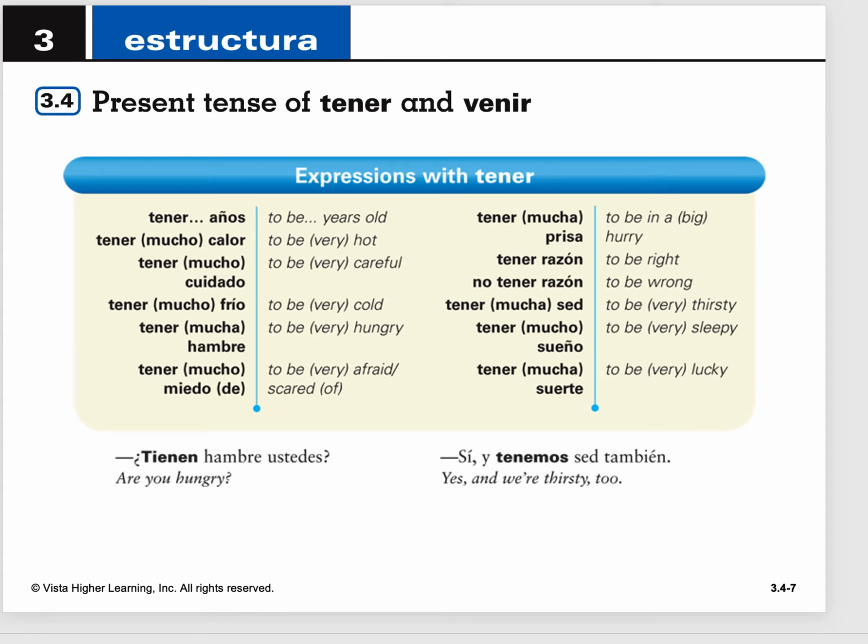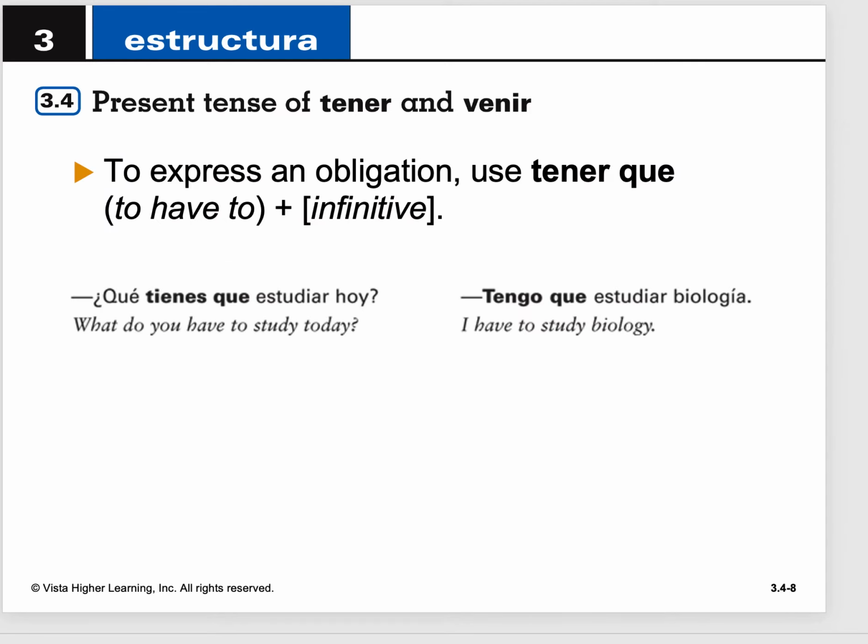So ¿tienen hambre, ustedes? Are you hungry? So in English it would be are you hungry, but here we're saying to be hungry, but we're asking it in an inquisitive form.